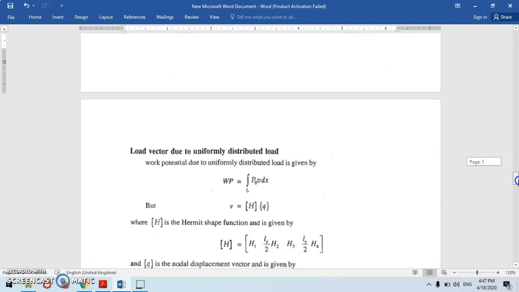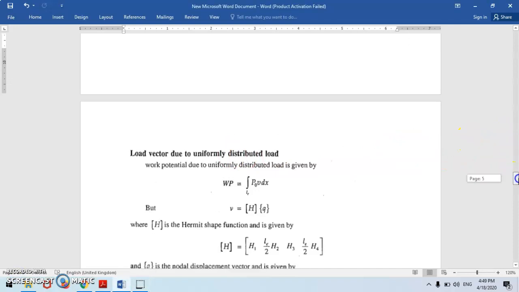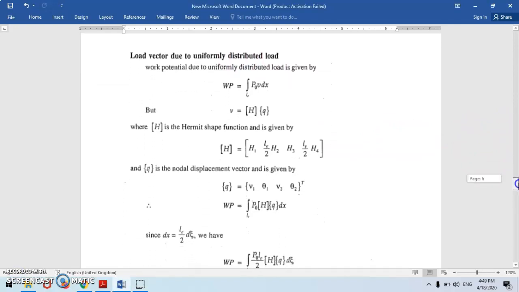Now we will see the derivation of the load vector due to uniformly distributed load. To find this load vector, first we will write the work potential equation, which we have already seen in previous classes.